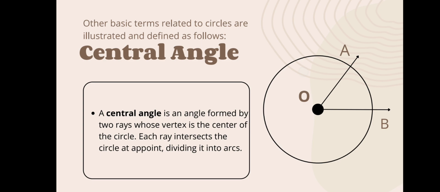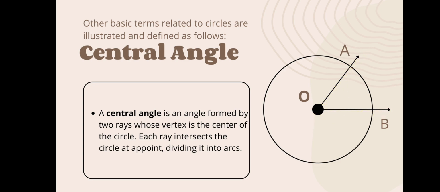Each ray intersects the circle at a point, dividing it into arcs. It's called central angle because the vertex is in the center, and each ray intersects the circle at a point and divides it into arcs.